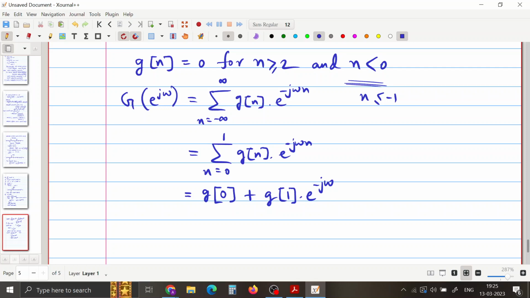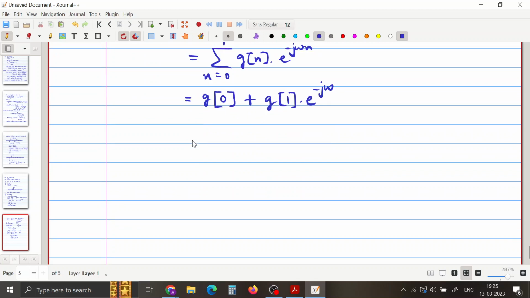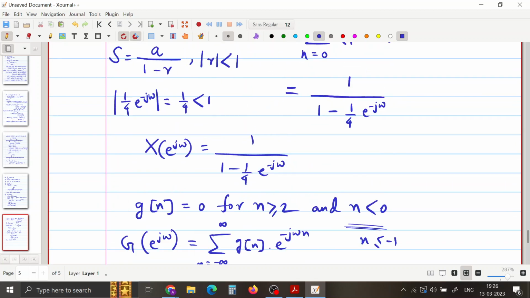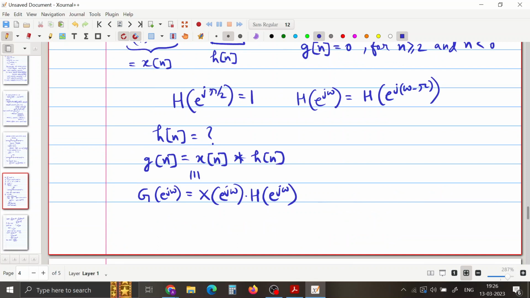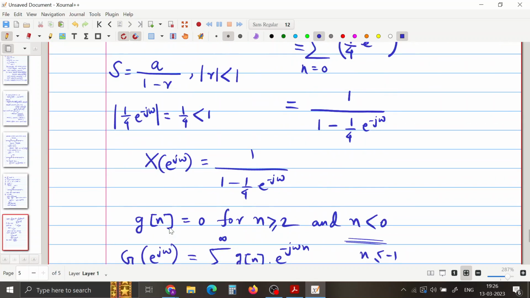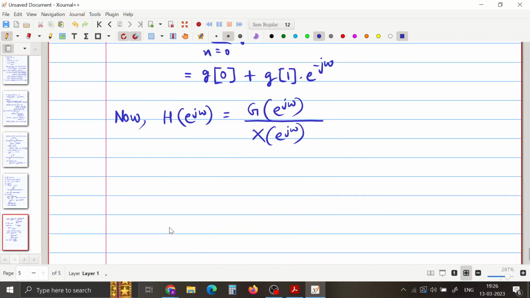Now, our capital H of e power j omega we can write as capital G by capital X, because we had expressed H as the ratio.